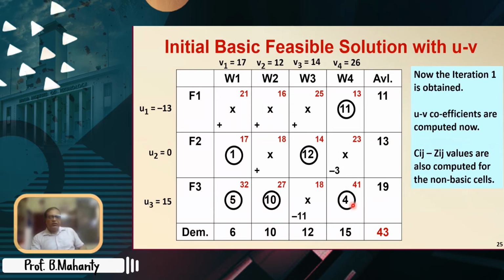Is it not? So basically, this is very interesting. Look here, this 23 is much better than this 41. Is it not? So if we make some entry here, we can reduce a lot of costs.